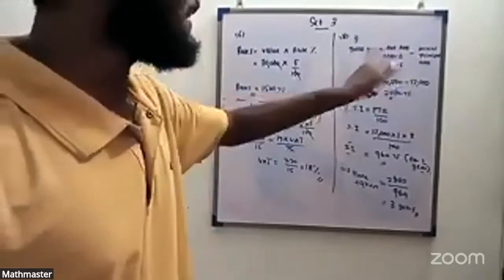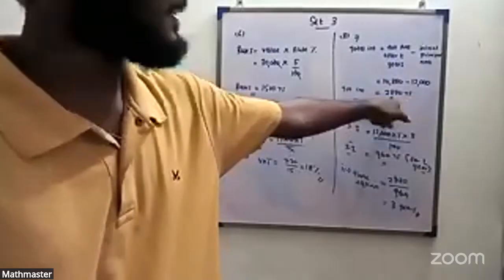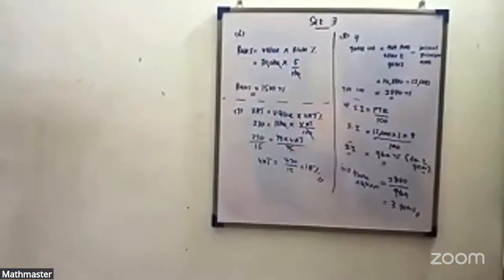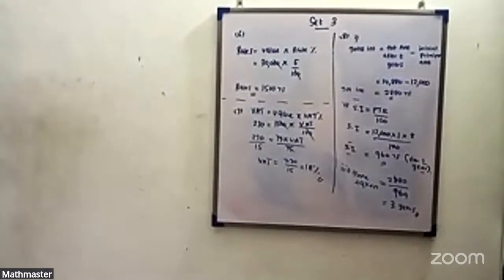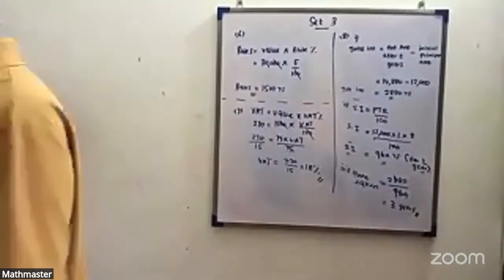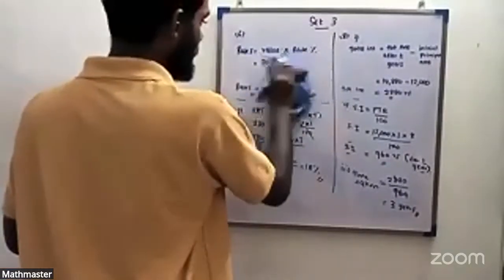So the interest amount is the difference between these two, that is 2,880. I think this entire question is clear. Very simple question from simple interest. Right. So there are no questions. Let's move to the 9th one, because we have some more units to complete as well.